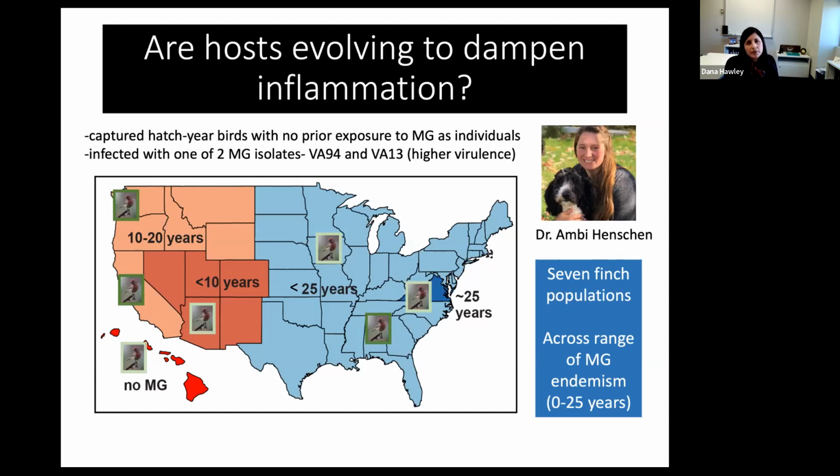We then infected all of these birds from different populations with a sample size of 10 per population per isolate per dose, with 1 of 2 MG isolates or strains. So we used the original Virginia 94 strain, which is the first isolate of MG, because we figured that would give us the best sense of simply host evolution while removing any pathogen evolution that has occurred since.